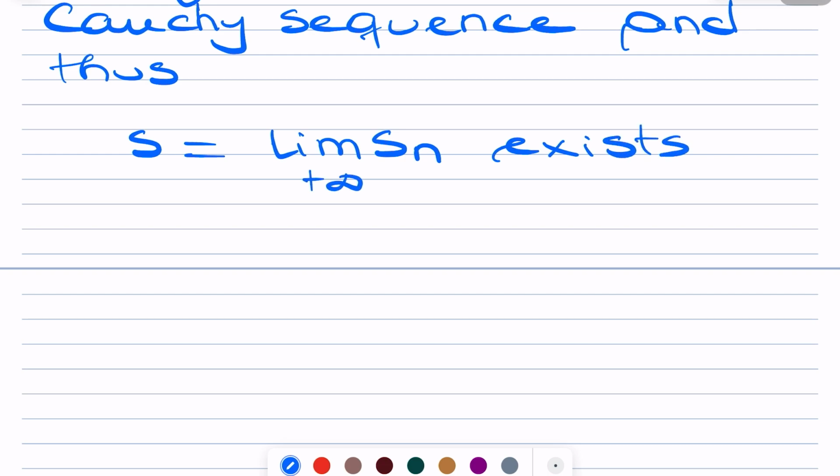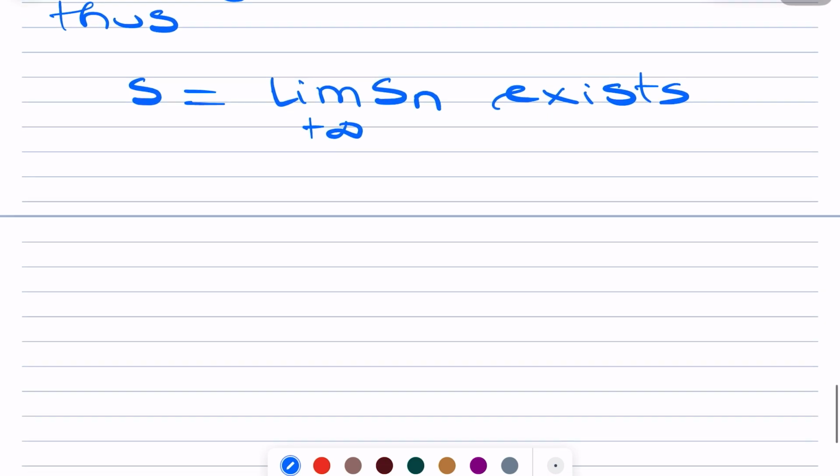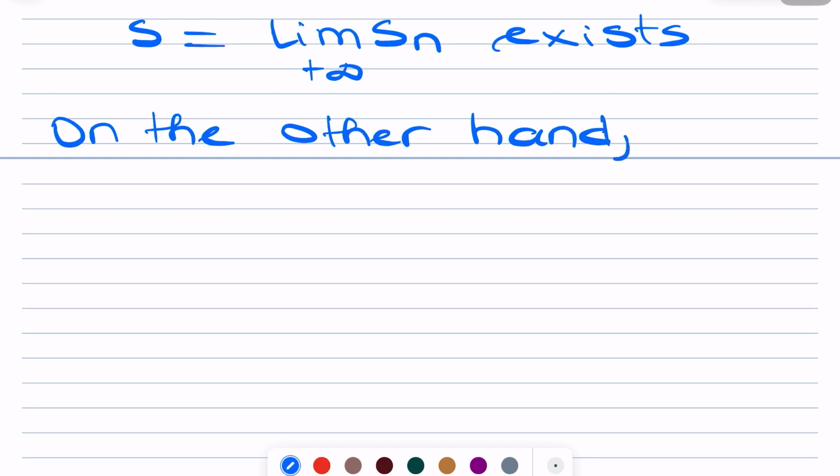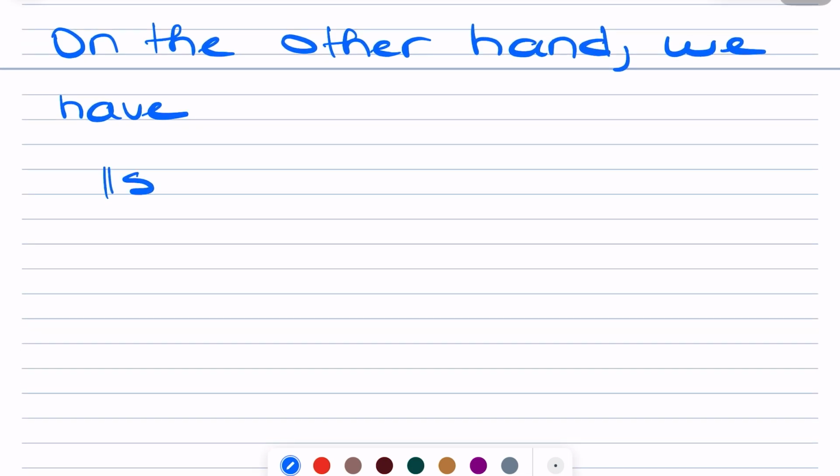Now, on the other hand, we have that the norm of Sn squared is equal to the summation of the norm of Vk squared, k running from 1 to n.